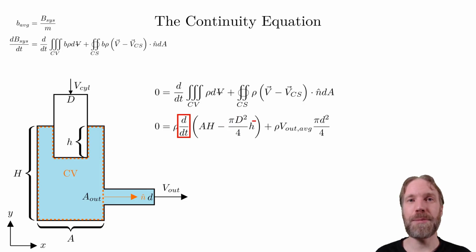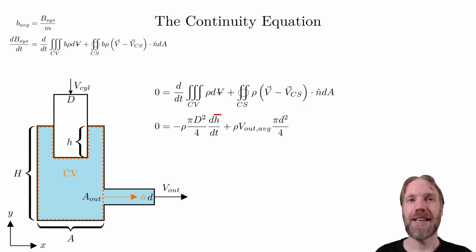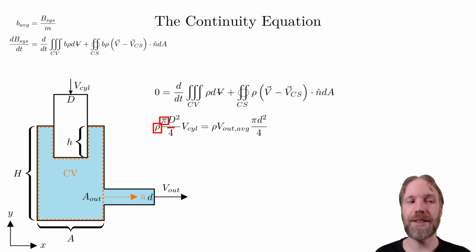The only variable that varies with time is small h. The dh/dt is the cylinder velocity. Move to the right hand side. Density and pi over 4 cancel.